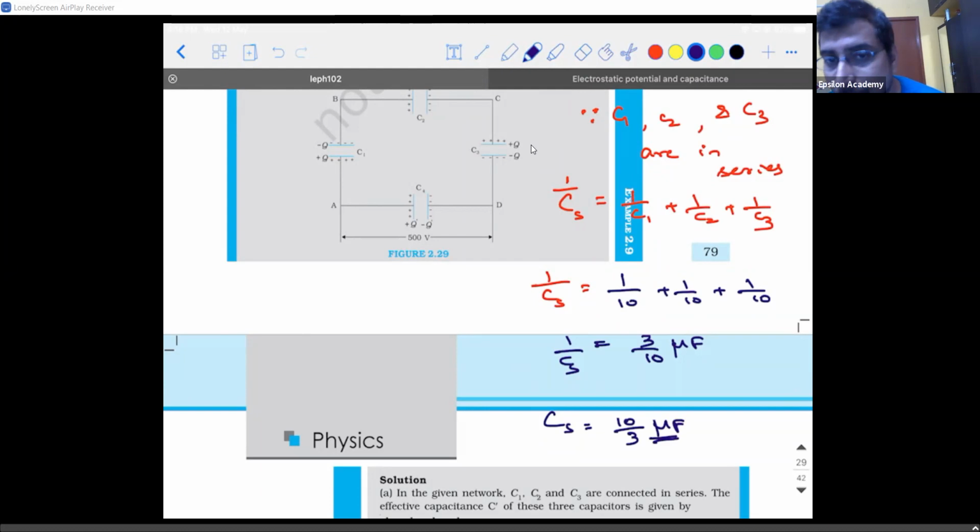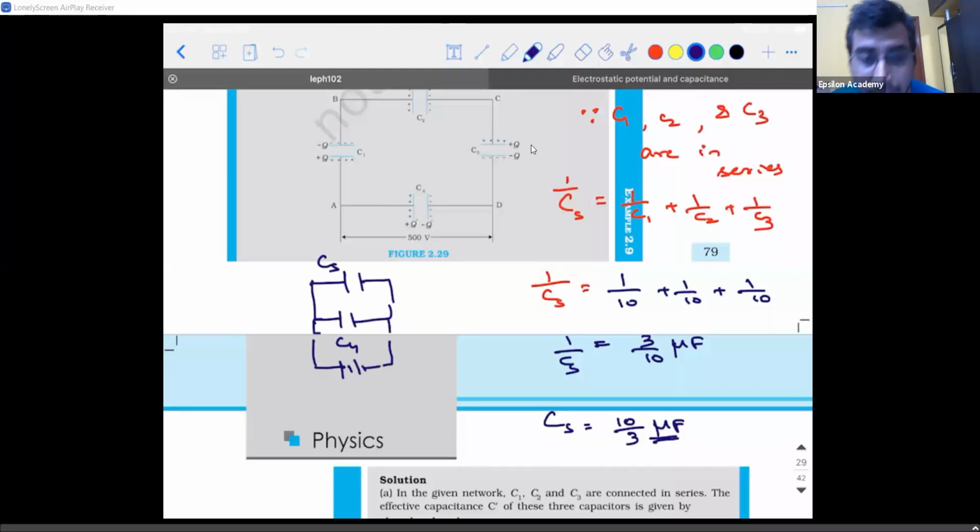Now comes an important question. I can replace those three capacitors with one capacitor called CS. That is the effective capacitance. And here there is C4. Okay, then how are CS and C4 connected across each other?